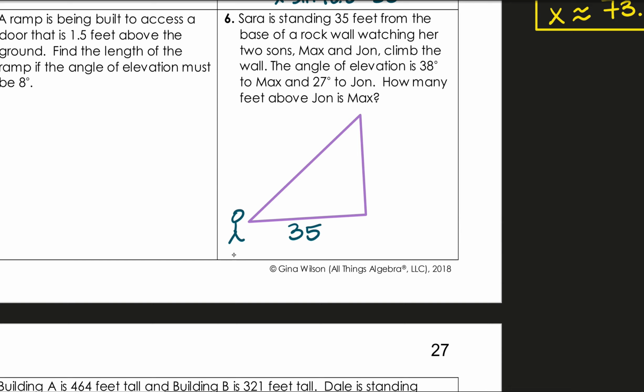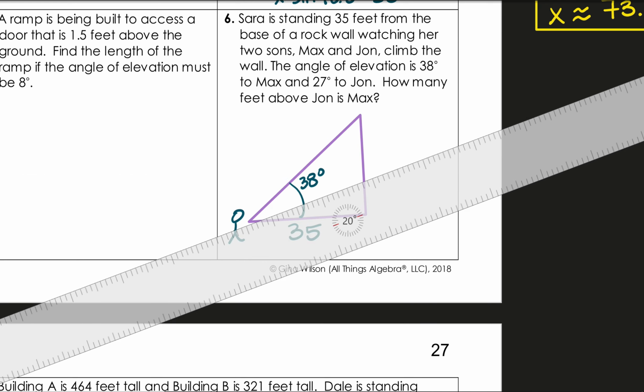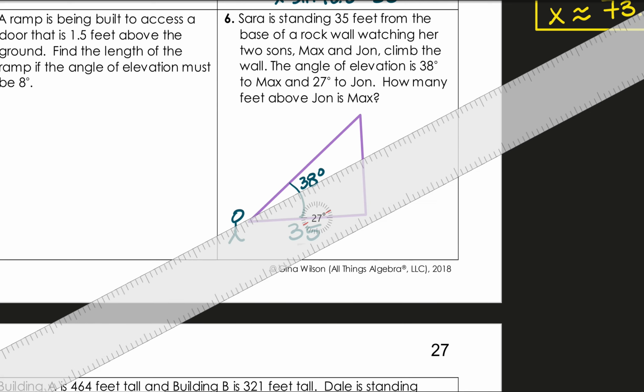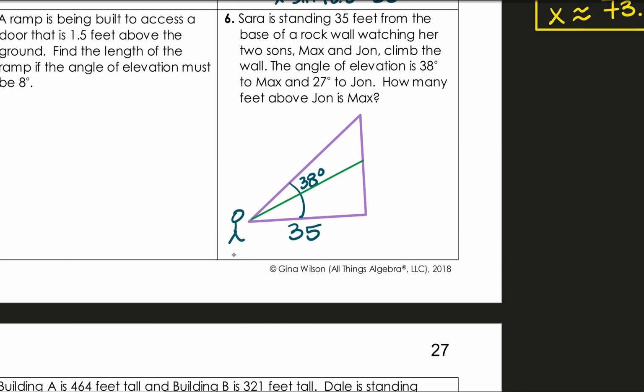So we're going to assume that this entire angle is 38 degrees. And then if it's only 27 degrees, oh, look at that, the ruler can do it. So here we have 27 degrees. This is the angle of elevation to John.